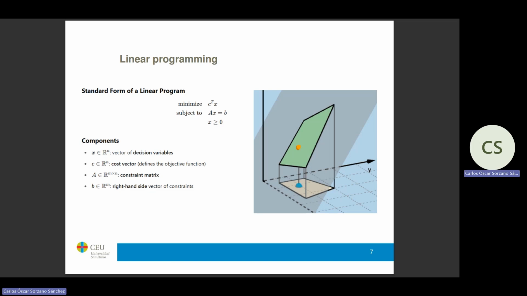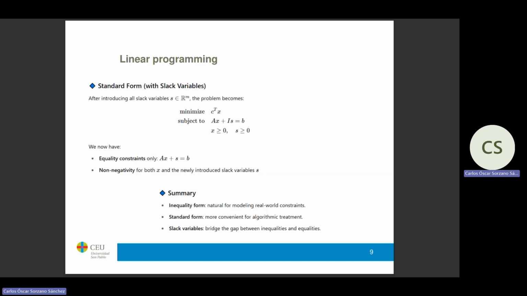Aside from the mathematical tricks, when you try to use a library, for instance a Python library to solve a linear problem, very often it only works with the standard form. There is no way that you can provide inequalities. It depends on the library. Sometimes they only work on one kind of problem, and sometimes they offer the two, and then internally they use these slack variables. So you need to know that these things exist.